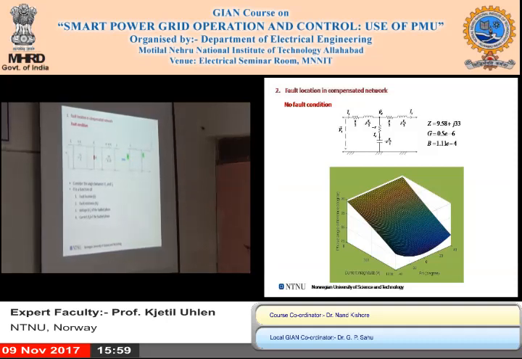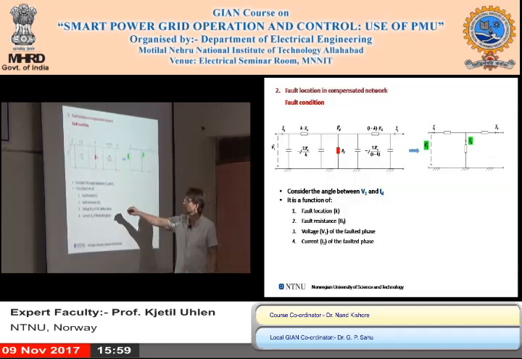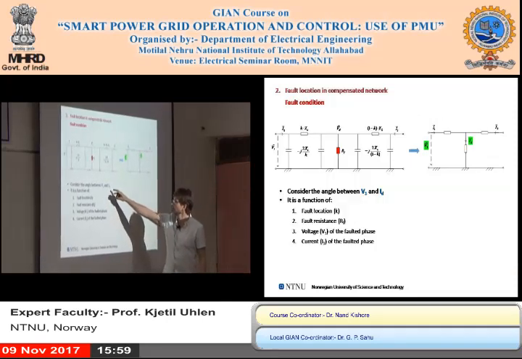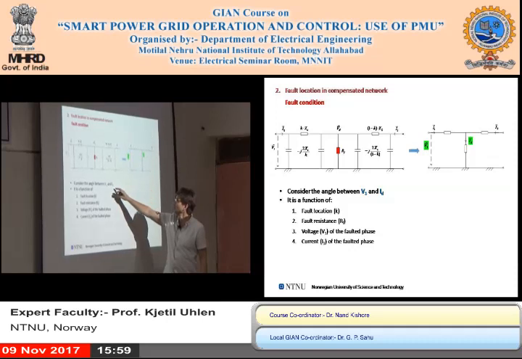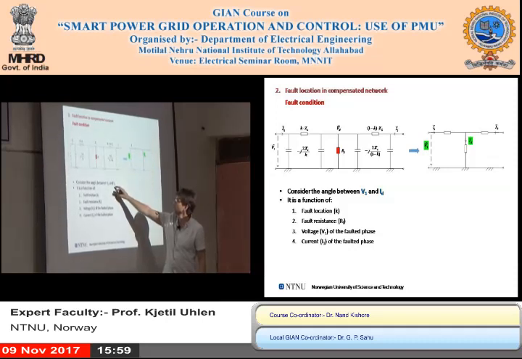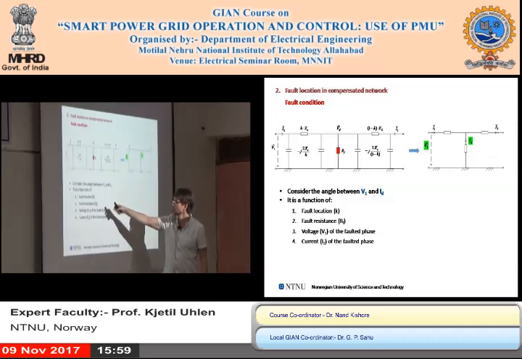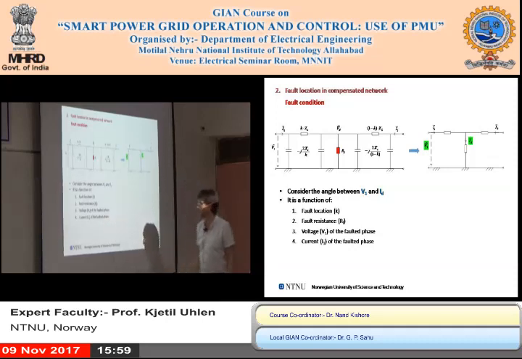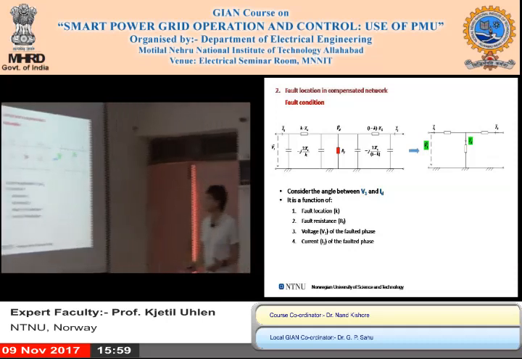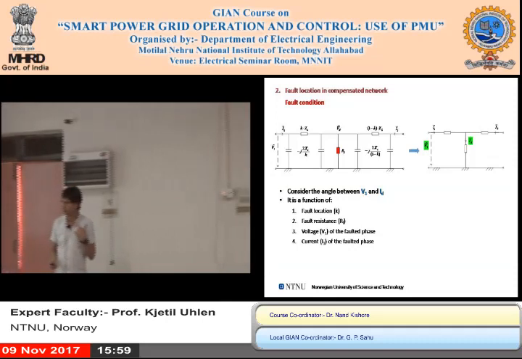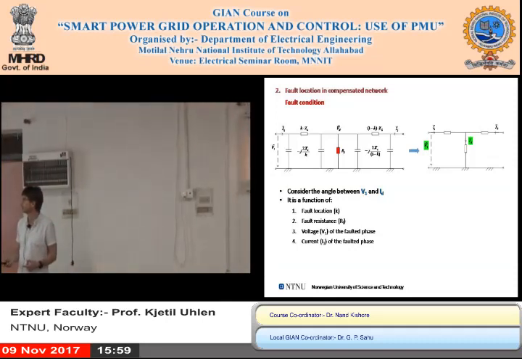And we find that the angle between the feeding voltage and the differential current is a function of the fault location as well as the fault resistance and the loading. So that can be used as an indicator both that there is a fault and where it is on the line.